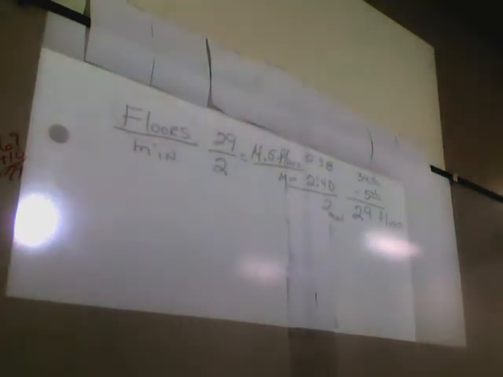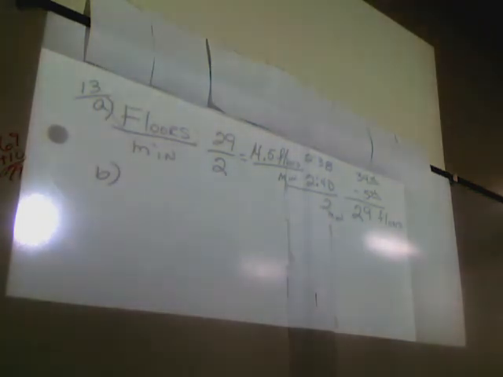Okay, it says on B, this is the A part of 13. On B, it asks you to find the elevator's average rate of travel in seconds per floor. Seconds per floor.